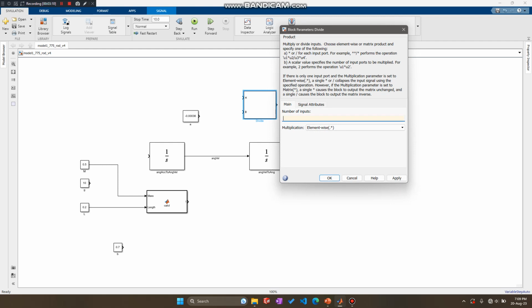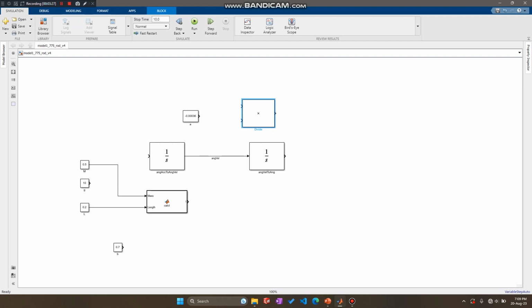How I do that is I specify the number of inputs as 2 multiplications. At the moment, in this particular lecture, we are only dealing with single element signals, so leaving it at element wise. And connect these two signals, and then you'll have the yellow term available as the output of this multiplication. This would be a times theta dot.